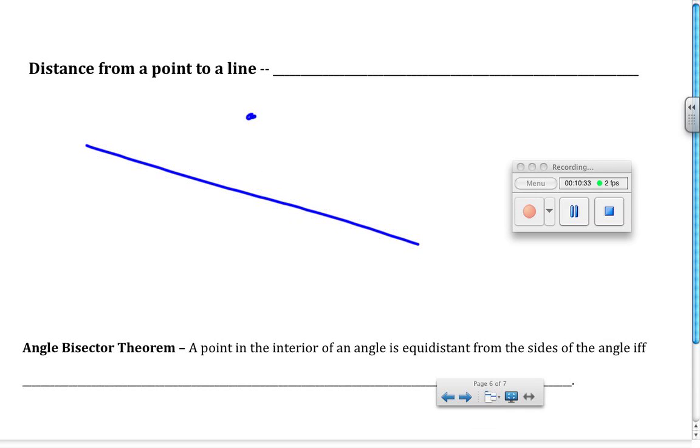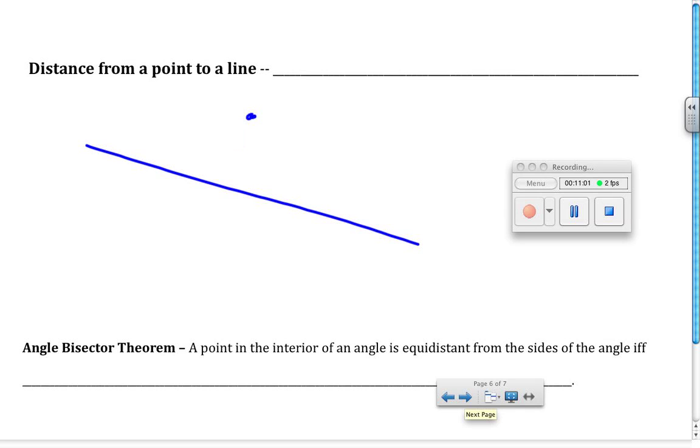It's a line. So a line is infinite and it doesn't have a midpoint. I want the distance from a point to a line. Where would I put my ruler so I can measure that distance? No? Michael? Ooh, I love the vocabulary. Yes, absolutely. You would make a perpendicular line from the point to the line and measure the length of that segment.